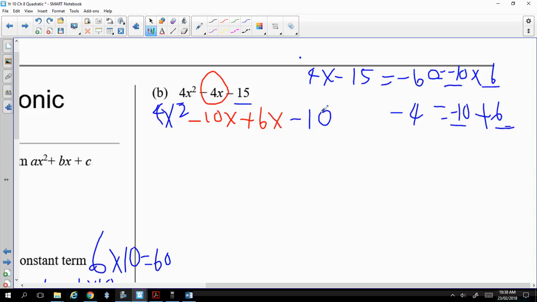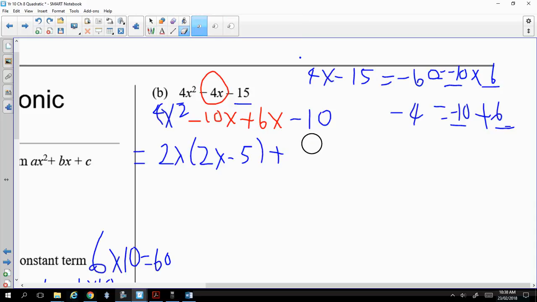So split. After you split, you group in pairs. So you get 2x out, 2x minus 5, and the other one is 3. Not 3, 2 again. I made a mistake.